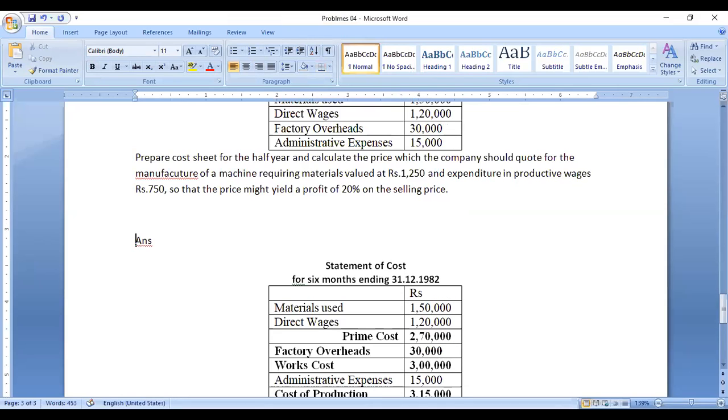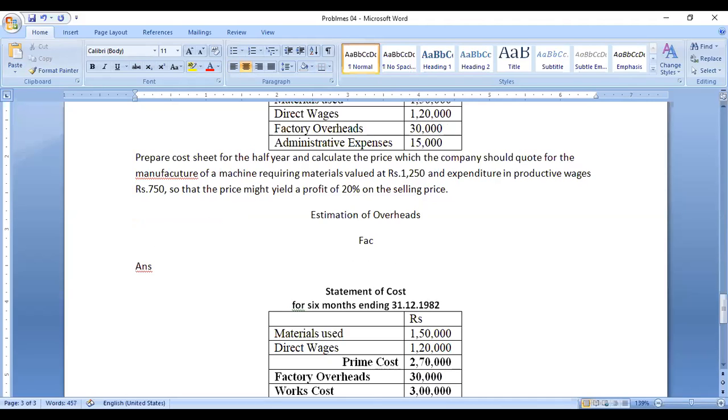So how to estimate the overheads? Factory overhead is not given, so now we have to calculate factory overheads from the previous one.